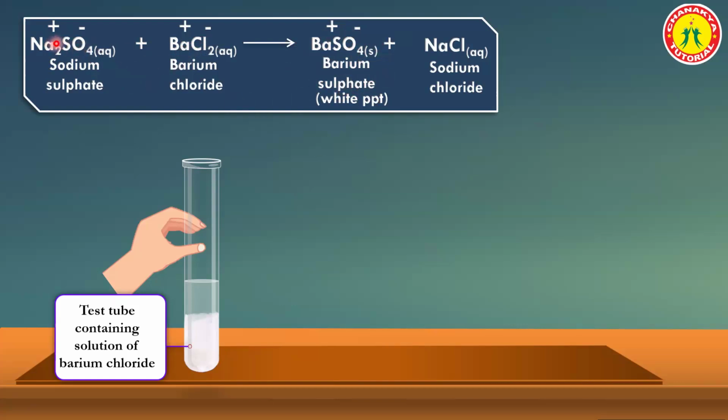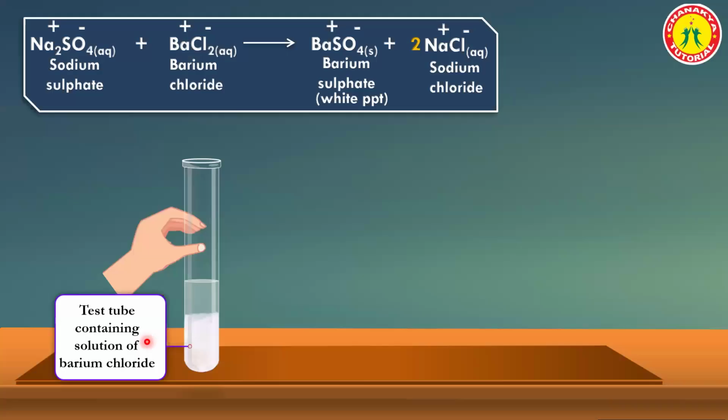Sodium plus will combine with chloride and will form sodium chloride. So there has taken place a double displacement reaction, and there's formation of barium sulfate precipitate. So this is a double displacement reaction, or we can also say precipitation reaction.